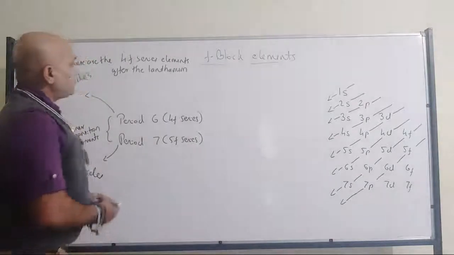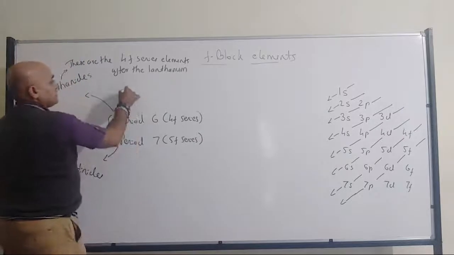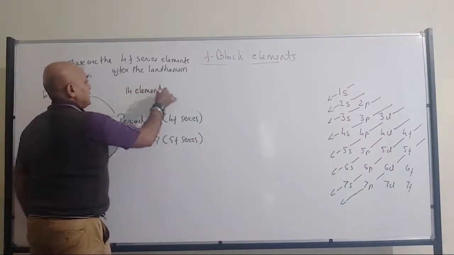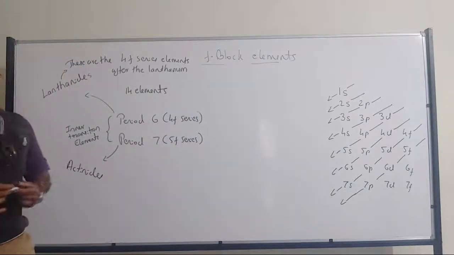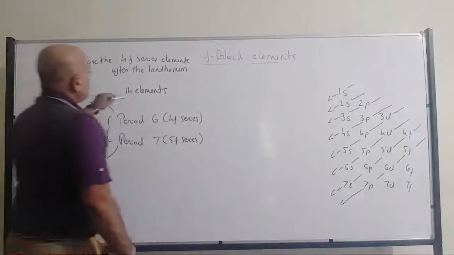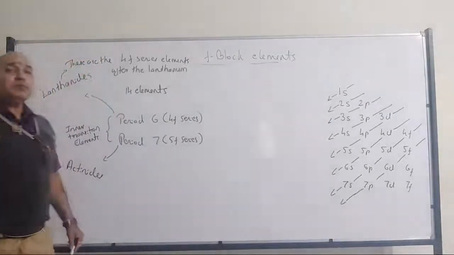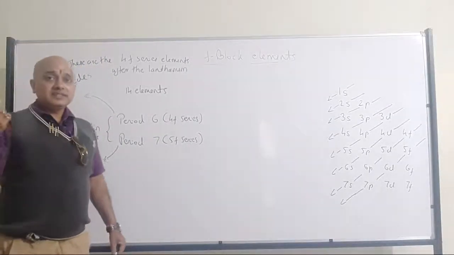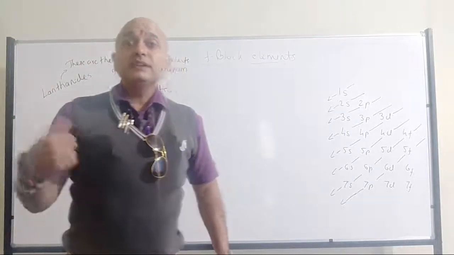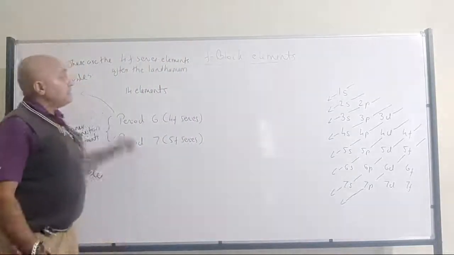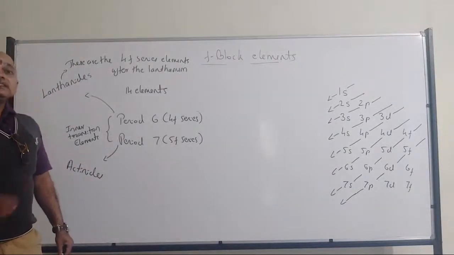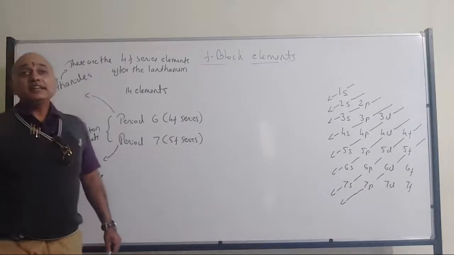Why am I telling 14 elements? All of us know that the F subshell has 14 orbitals, so it will have 14 elements. Like P block, 6 groups, we have 6 elements in each period in P block. D block will have 10 elements in each period, so 10 groups in D block.